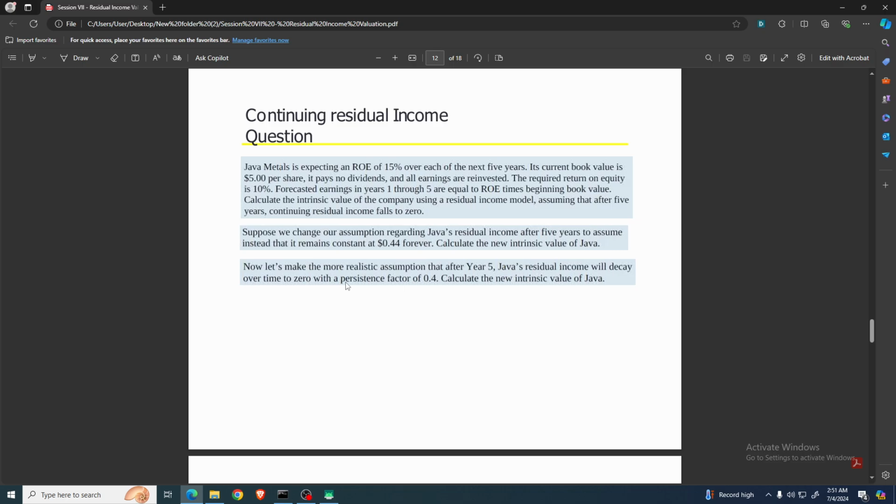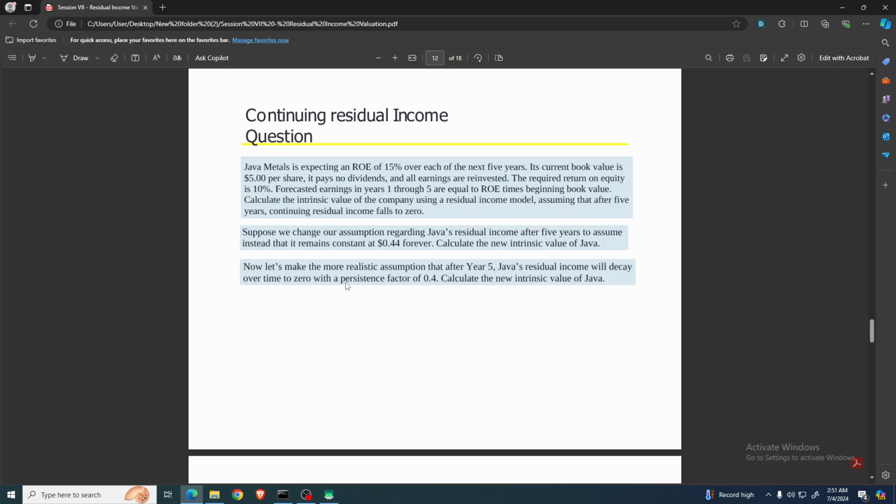So what this basically does is, by calculating the present value of the future residual incomes for the first 5 years and adding the present value of the decaying residual income with a persistence factor of 0.4, we determine the intrinsic value of the company, and it highlights how the gradual decline in future profitability would affect the overall value of the company.